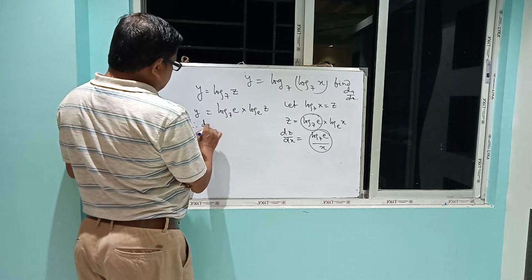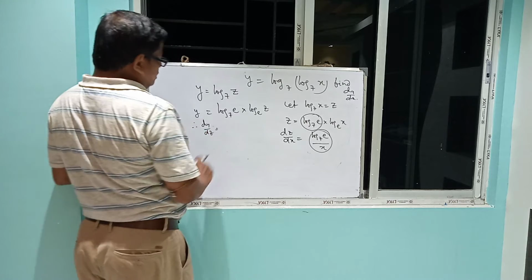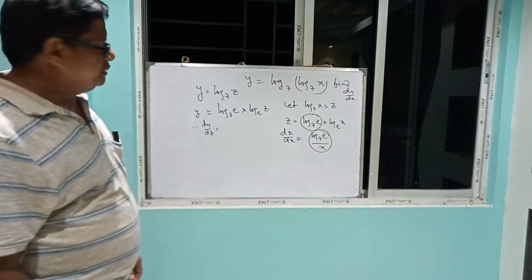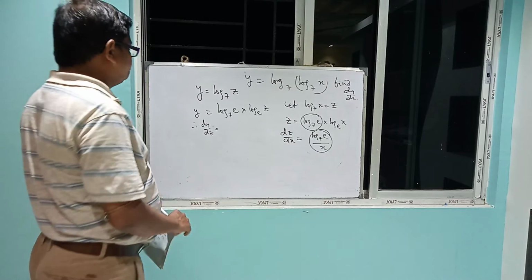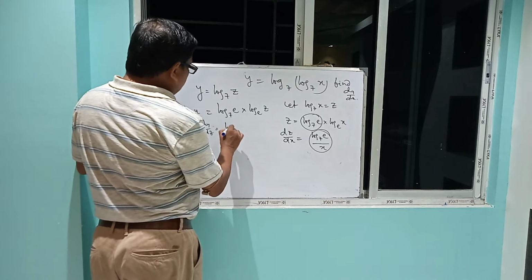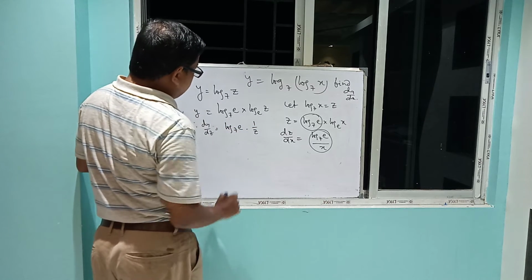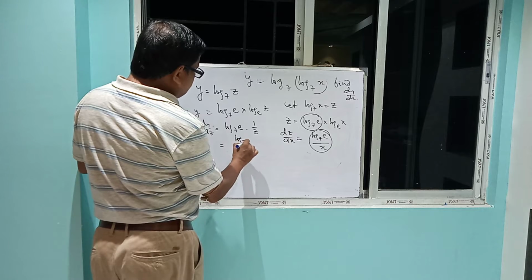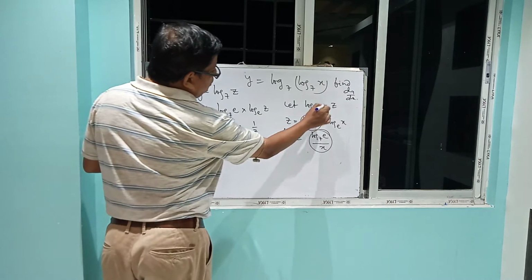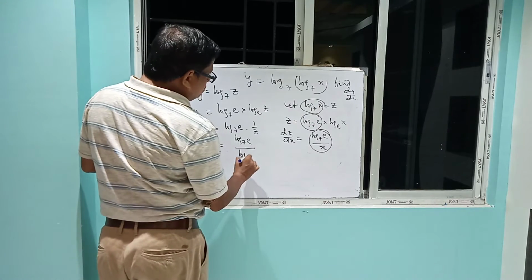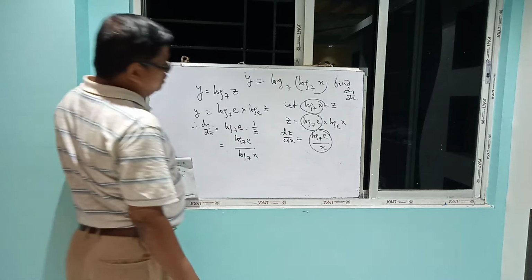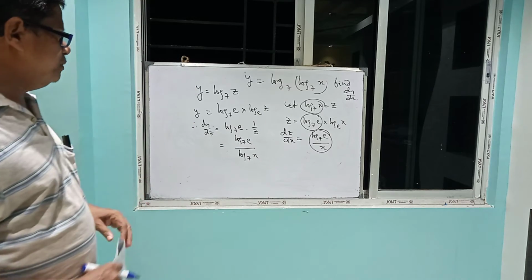So write dy dz equal to, write dy dz, okay, equal to log 7, this is constant, so 1 by z. So write log 7 base e, z means you know this part, so log 7 base x. Okay, z the value is 4.